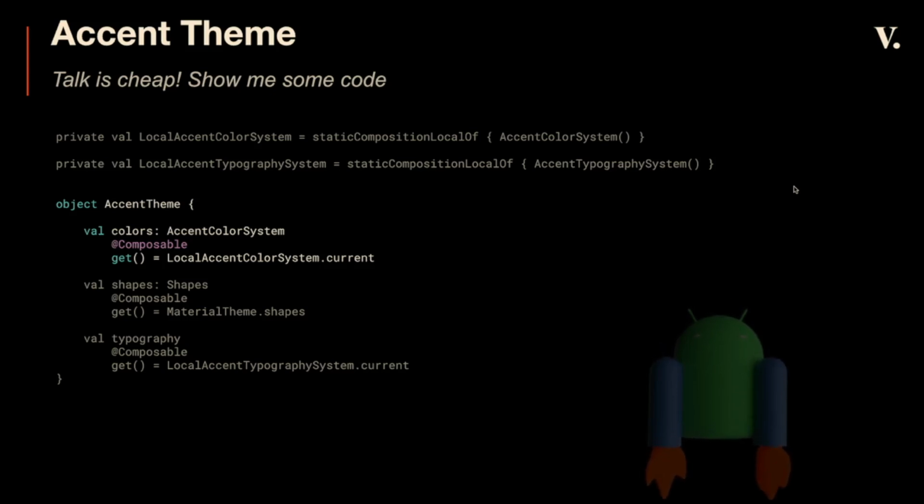So it's clear that it's just wrapping the composition local of each of the subsystems, so accent color system or accent typography system. So in a nutshell, it makes a quick access to the current implementation of the composition local of the subsystem. I hope it's clear now on themes. Let's see how each of the subsystems is created.